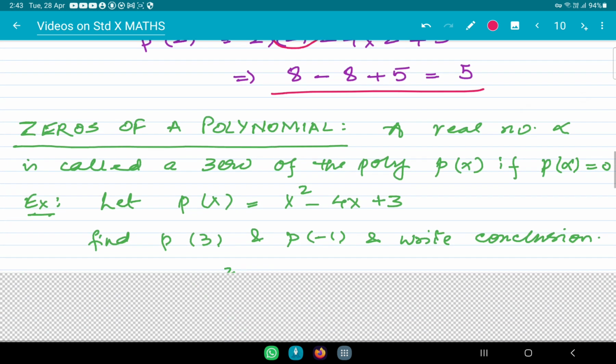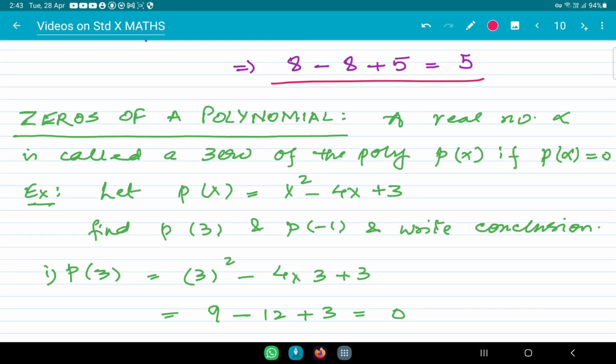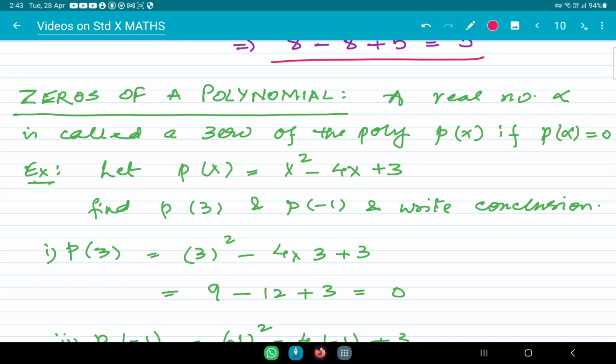Now we are seeing how to find zeros of a polynomial. Zeros of a polynomial means you have to check whether a given number is a zero of the given polynomial or not. Suppose you have p of x is equal to x square minus 4x plus 3, and we want to find p of 3 and p of minus 1, and write a conclusion also, whether they are zeros of the given polynomial or not.